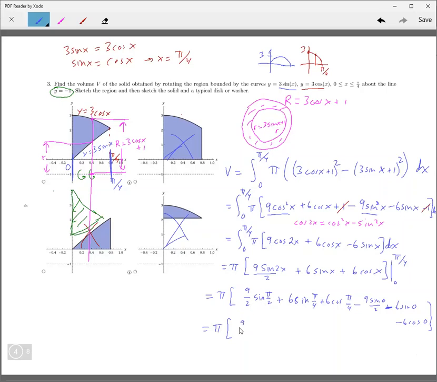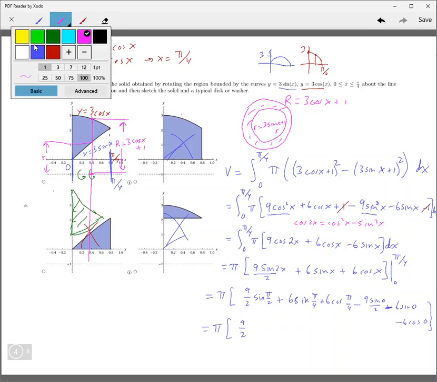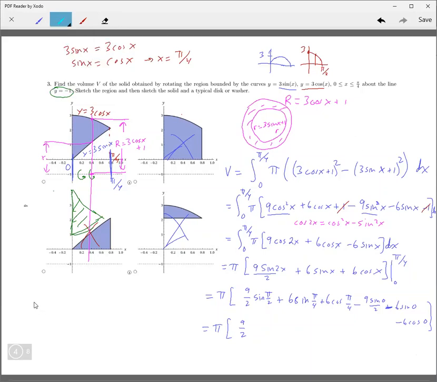Okay, this is going to be 9 halves. Let me do this. Sine of pi over 4 equals 1 over root 2, and cosine of pi over 4 is the same thing.